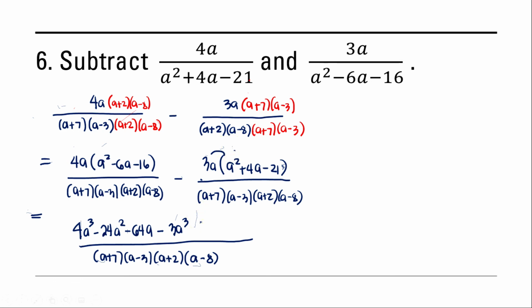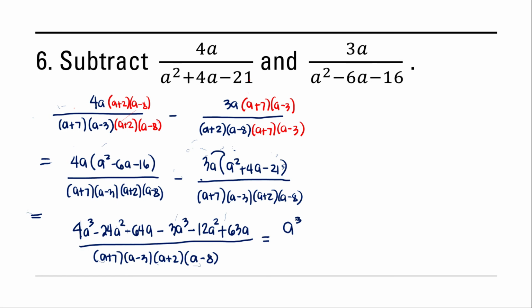Magiging minus 12a squared. And the last, we have negative 21 times 3a. So that is 63a na magiging positive na kasi may minus dito tapos may minus doon. That will become plus 63a. Now, combine like terms, we have 4a cubed minus 3a cubed, that is just a cubed.